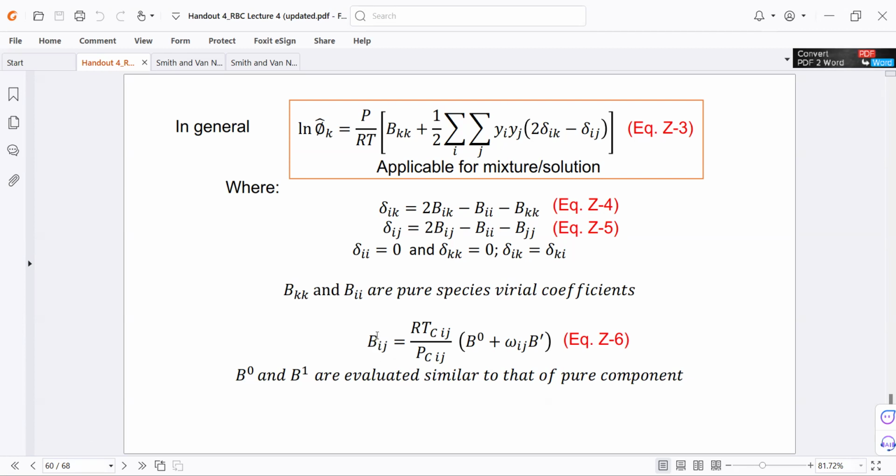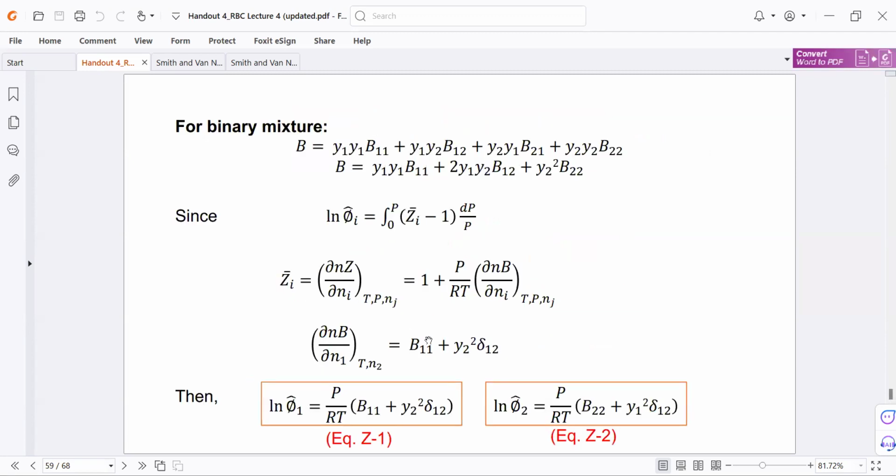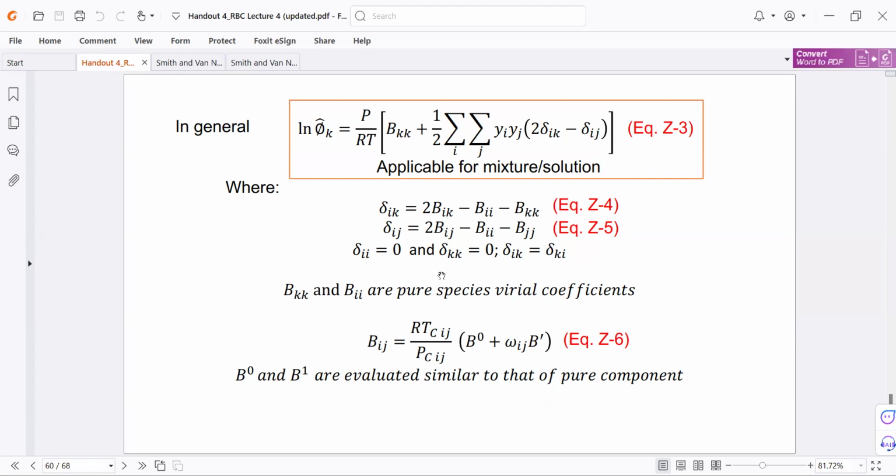And take note, please, that the equation for B sub ij is this one. It's like the empirical equation for B sub ij, where B0 and B1 are evaluated similarly to that of a pure component. Do we have any other values that we need to compute? Let me check.